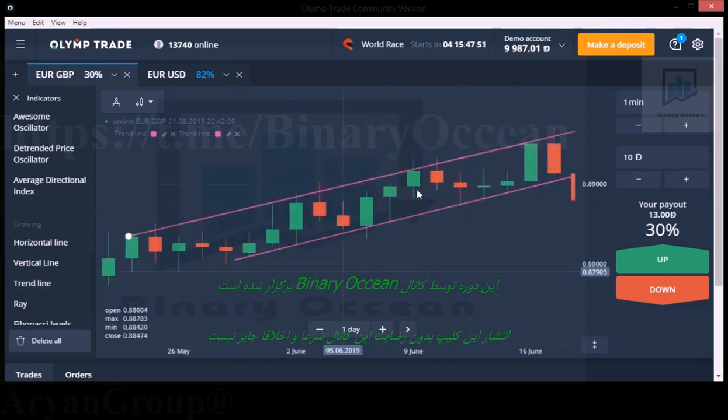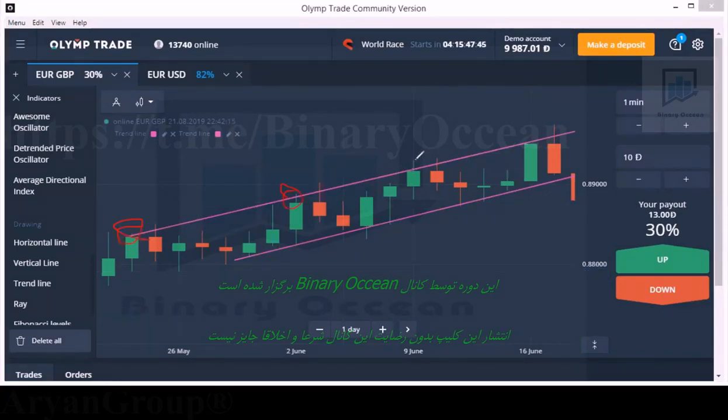A seller's entry, a seller's entry. There is a reversal sign and a rejection. The candle closed below the level. So you can enter here on the next candle. This is your entry point. Above this wick will be your stop loss point, and it will be your take profit point. If the market hit this level, then exit from the market.